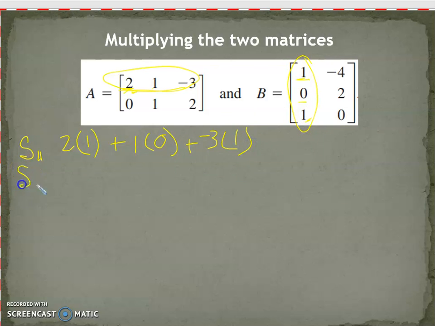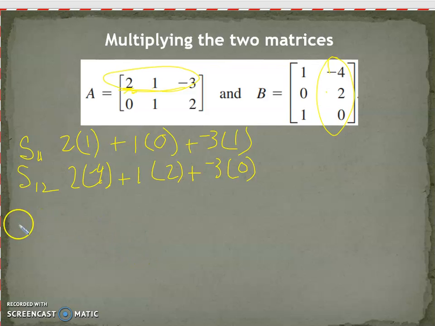Okay? We're going to do that for row 1, column 2 as well. So 2 is my first term, -4. Second term is a 1, and my second one in the column is a 2. Third is a 3, and my column has a 0.